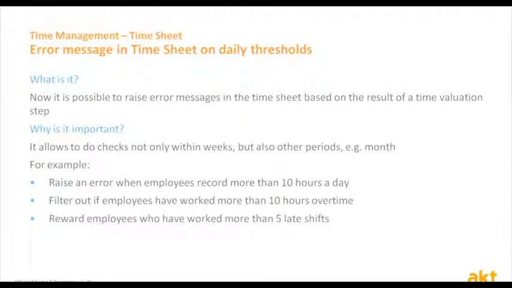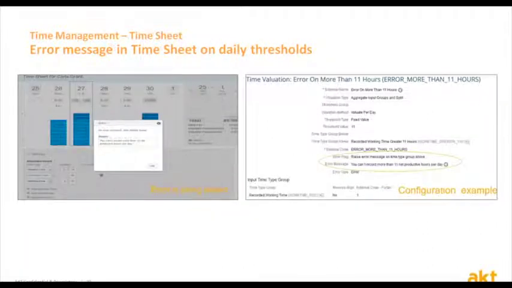These collectors can be used in reports, and also to raise error messages based on the time evaluation result. For example, raise an error when an employee records more than 10 hours a day, or a weekly error, filter out employees who have worked more than 10 hours, or monthly collectors pop up a reward for employees who have worked more than 5 late shifts. Here is how the error message would look in the system.